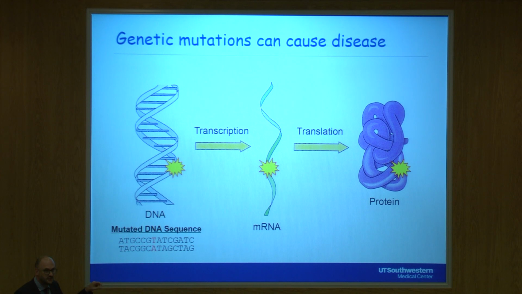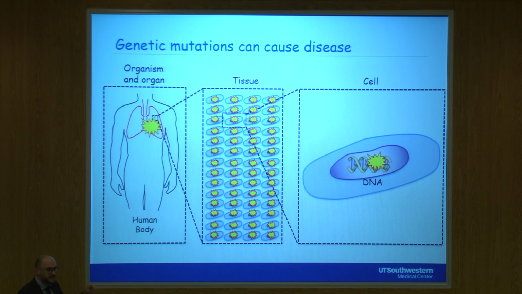This mutation causes the protein to no longer have its normal function. Because this protein isn't functioning properly, the cell doesn't function properly. These abnormal cells then form abnormal tissue. The abnormal tissue then affects the biology of the organ, which affects the biology of the organ system and the organism. And that's how we can see disease.